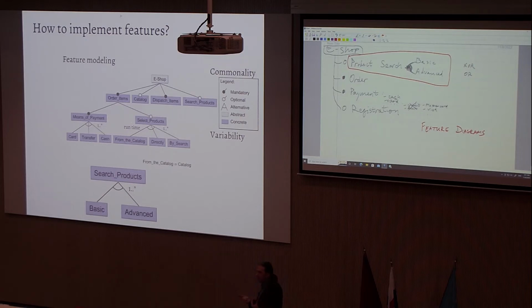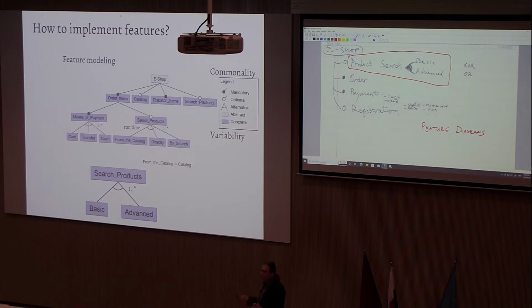What are these features, first of all? Let's name the features. I organized them. How are they related to each other in terms of which feature requires which one, cannot exist without that feature. Some features are mutually exclusive.